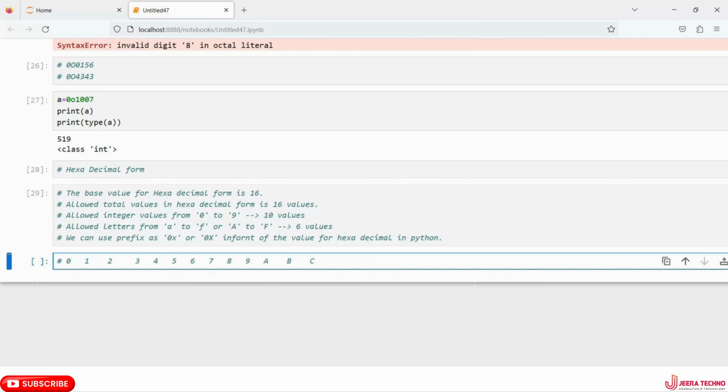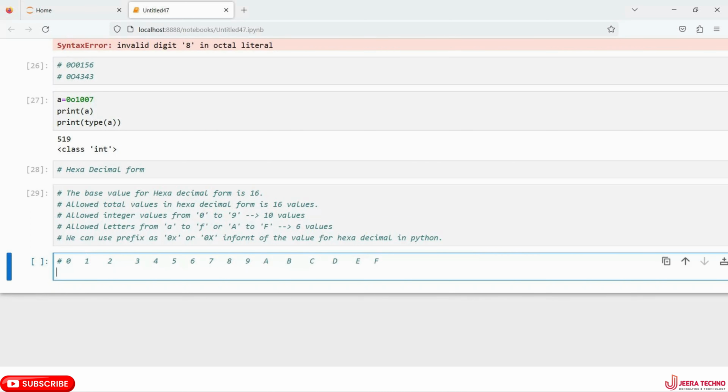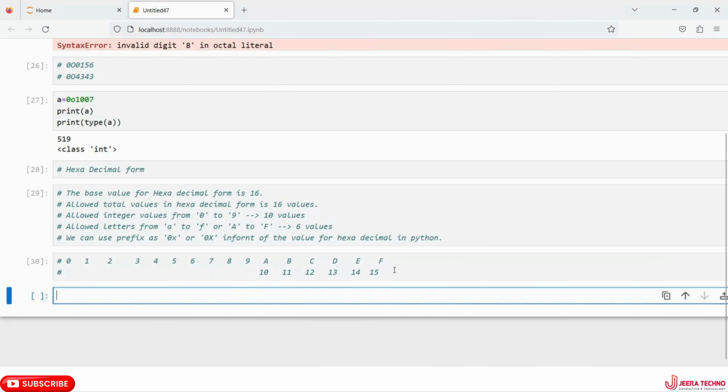A means 10, B means 11, C means 12, D is 13, E is 14, and F is 15. Guys, these are the values. When you are calculating, you need to calculate like this: 0 to 9 as it is, A means 10, F means 15.